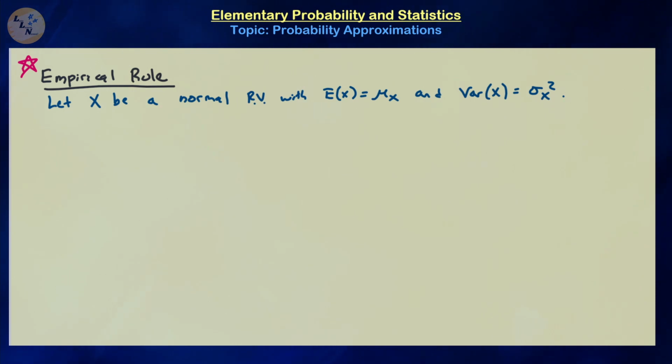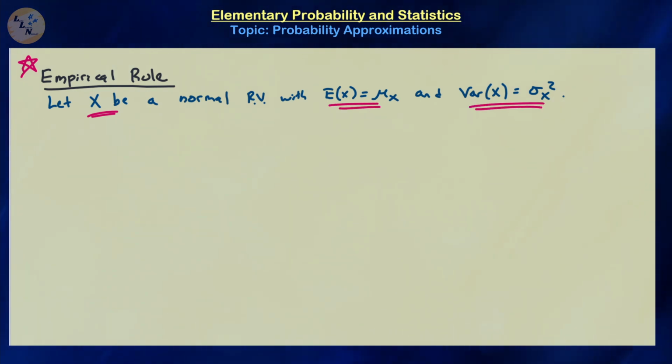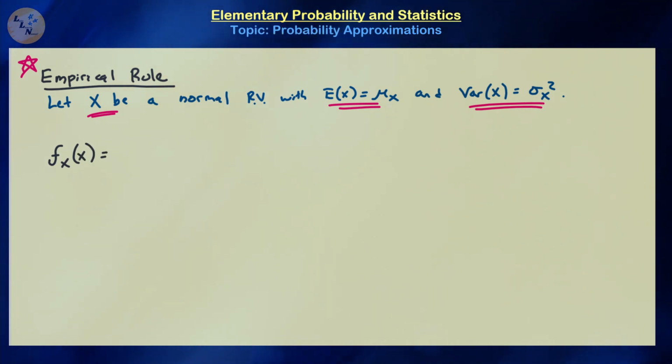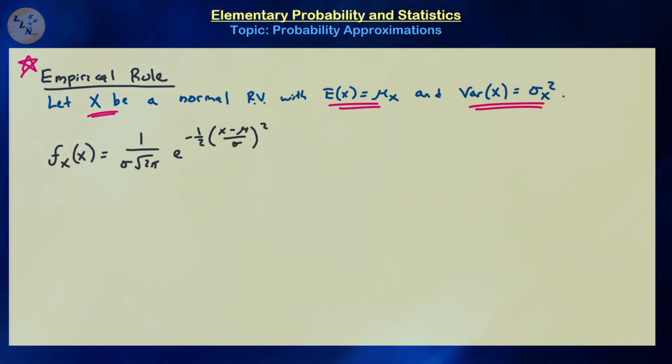So let's assume that x is a normal random variable, or something that is approximately normal, and let's assume that we know the mean and the variance of that random variable, and hence the standard deviation of it. If we have access to software, or we know how to do integral approximations in calculus, then we know that the distribution of that random variable x is going to be equal to 1 divided by sigma times the square root of 2 pi, e to the minus 1/2 times the quantity x minus mu divided by sigma, squared.